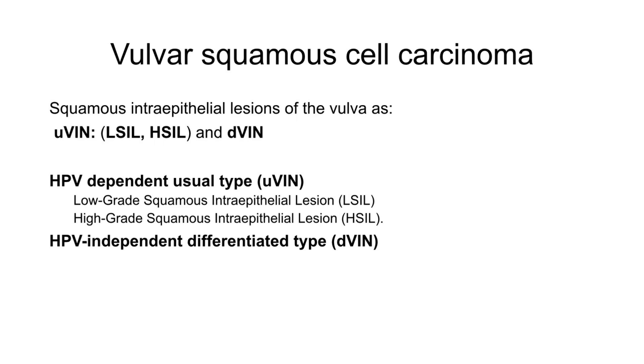One is the usual vulvar intraepithelial neoplasm, which is divided into low-grade squamous intraepithelial lesion, LSIL, and high-grade squamous intraepithelial lesion, HSIL. The other type is an HPV-independent differentiated type, which is called DVIN, or differentiated vulvar intraepithelial neoplasm.